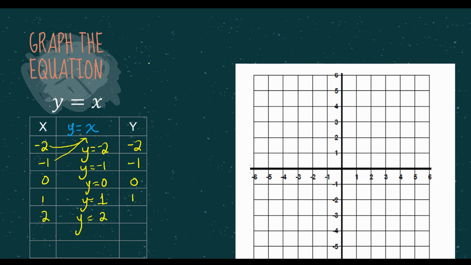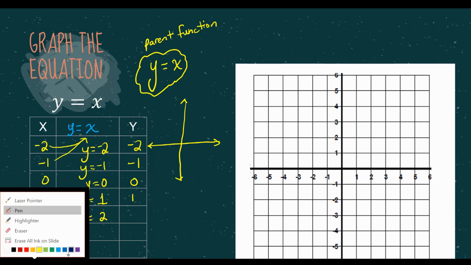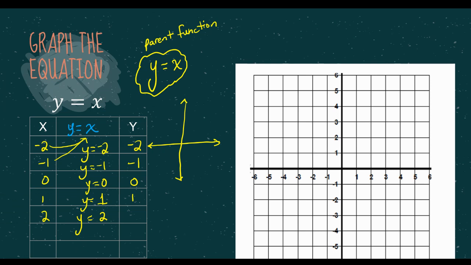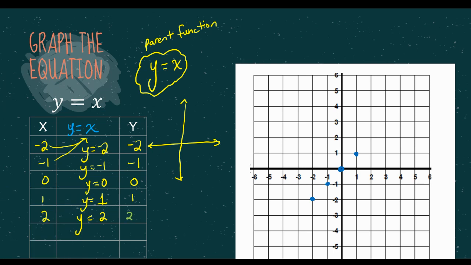Okay, so this short little equation, y equals x, that's called the parent function. And that's really important in upper level mathematics. So you can go ahead and draw your little grid and you can draw that on your own. I'm going to do it off to the side. So the points we would do is -2, -2. -1, -1, 0, 0, over 1, up 1, over 2, up 2.